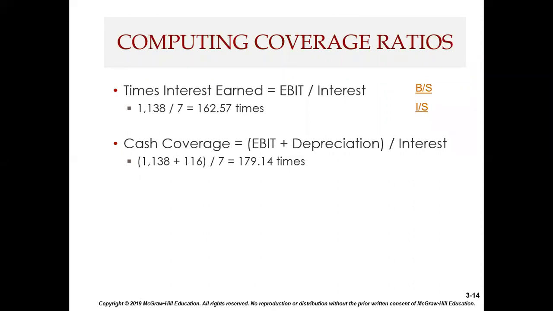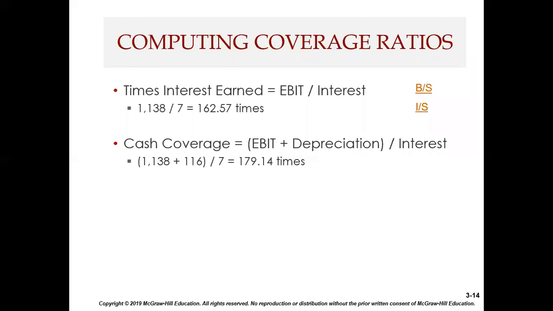We looked at long-term solvency measures, which will help determine how well the company could pay its long-term debts, how much of their assets are being financed by debt versus equity. And we looked at the total debt ratio, debt to equity ratio, the equity multiplier, and the long-term debt ratio.